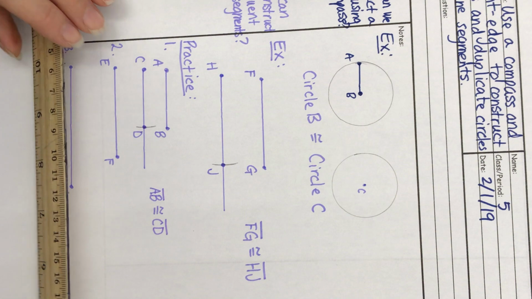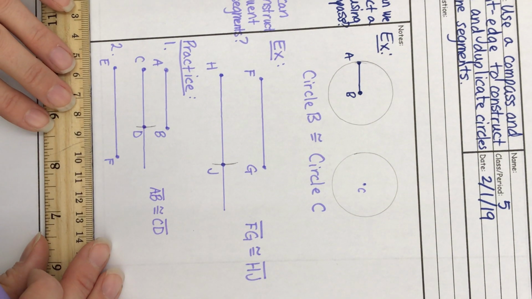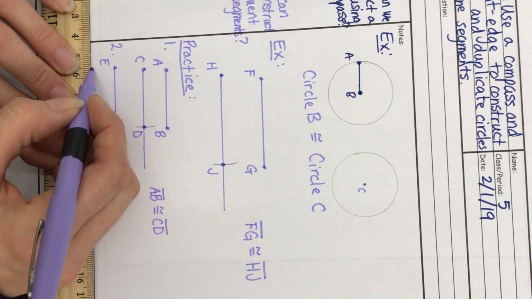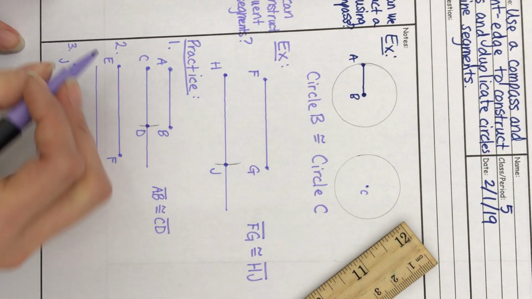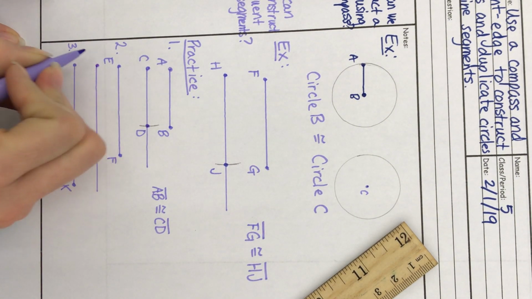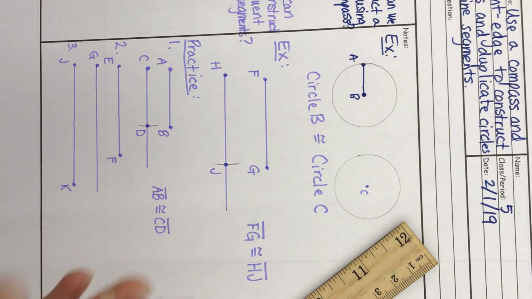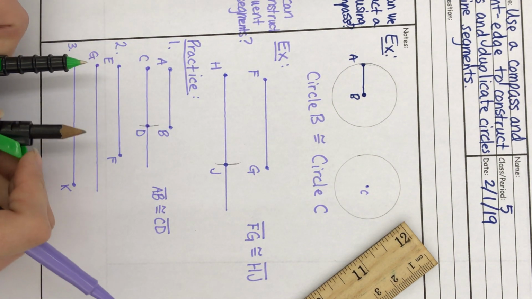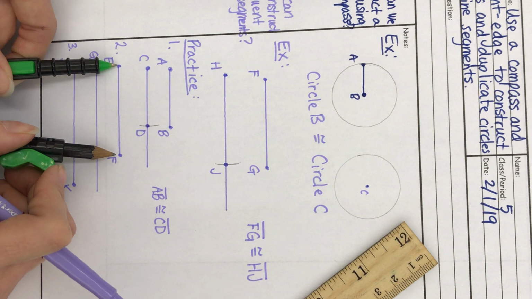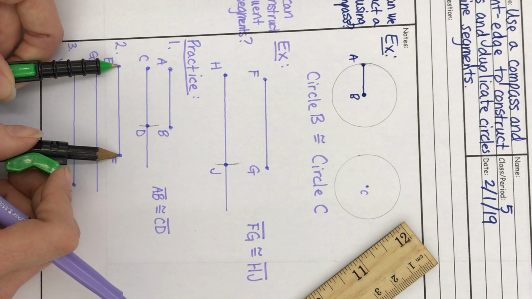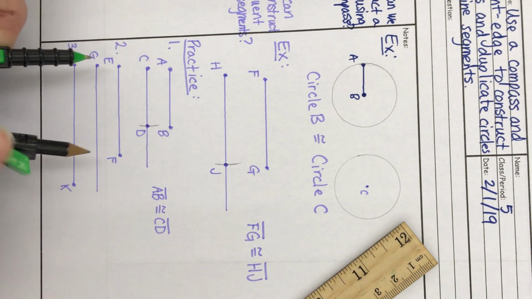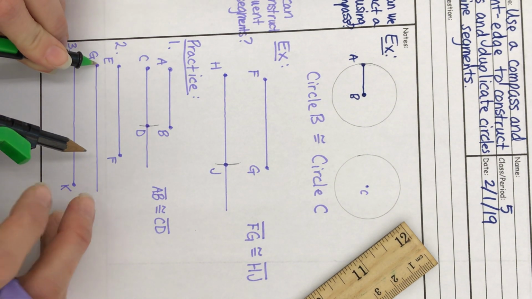I'm going to do the same for the next two. I'm going to start with a starter line that is longer than my line segment. I'm going to put an endpoint. I'm going to call this G. I'm going to go and measure my line segment that I'm trying to duplicate here. Once I've measured it with my compass, I'm going to keep that measurement.